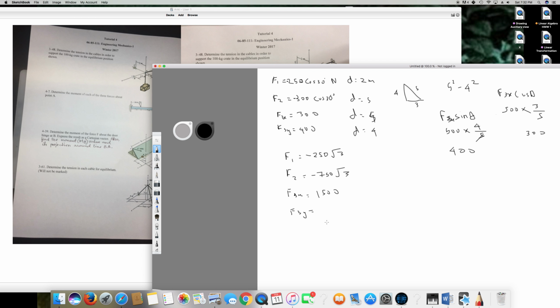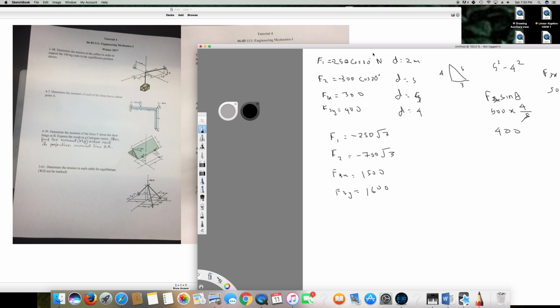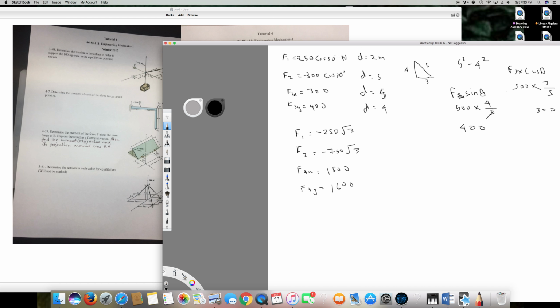Wait a minute, 1500, this is 1600. Yeah, 1500, 1600. And now we have to take care of the direction.